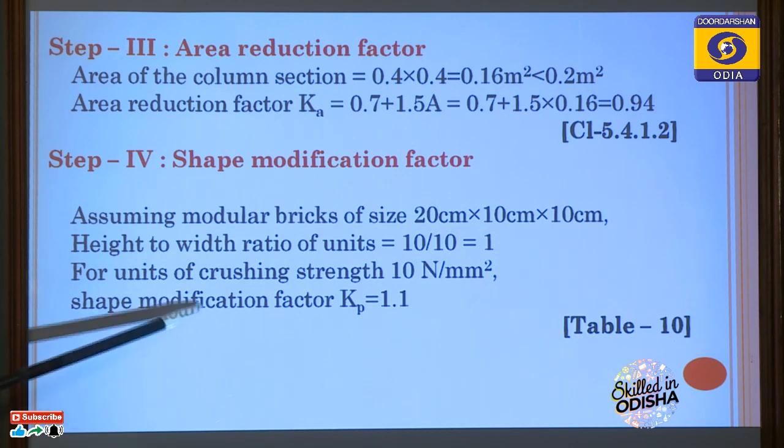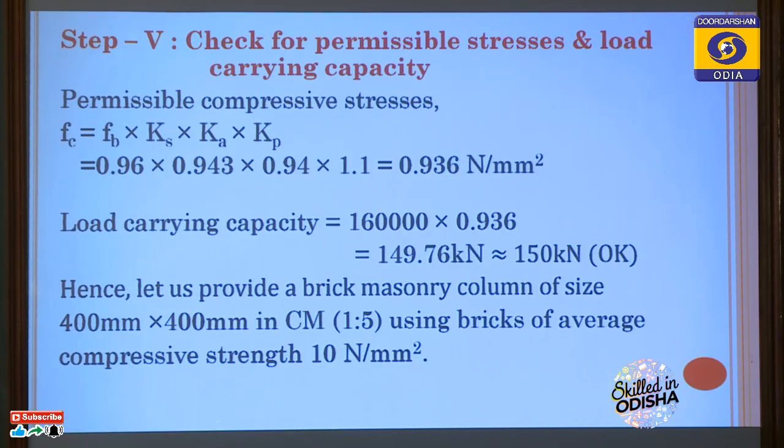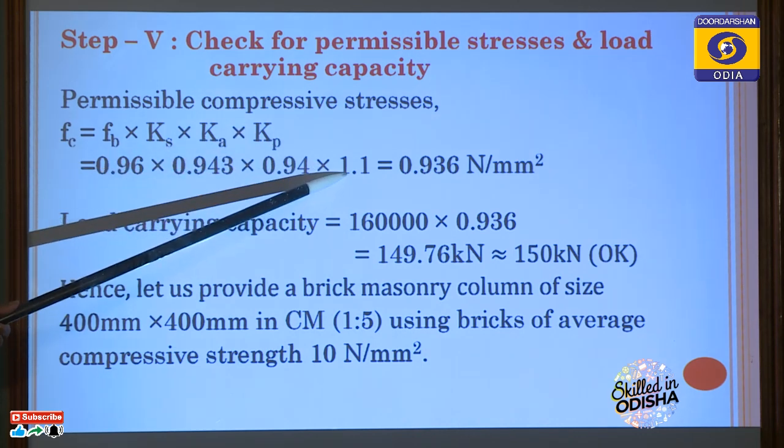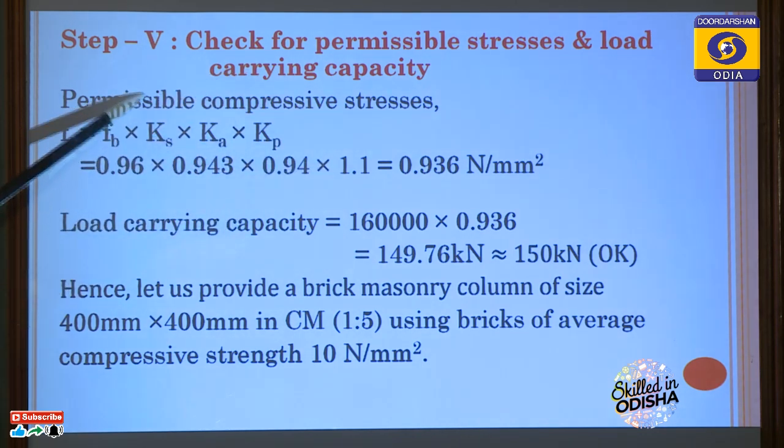Taking that value of 1.1, now we have to calculate the permissible compressive stress Fc, which is calculated as Fb into Ks into Ka into Kp. So Fb is 0.96, Ks is 0.943, Ka is 0.94 and Kp is 1.1.